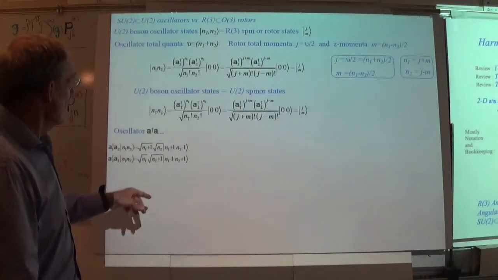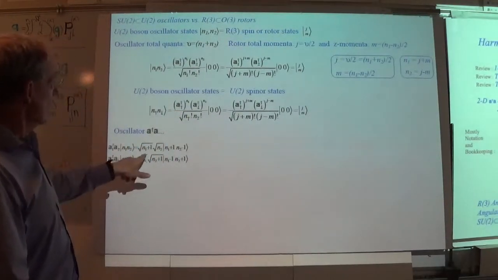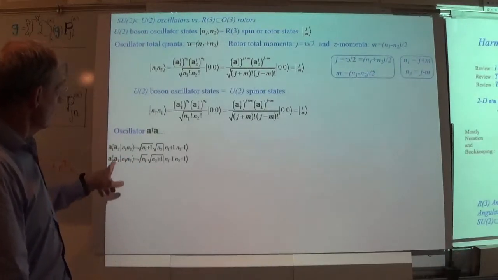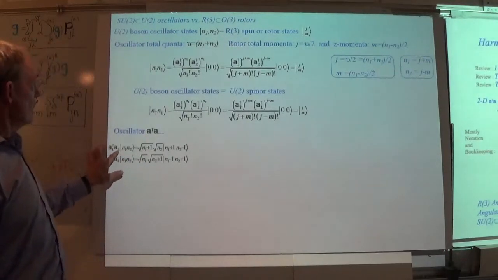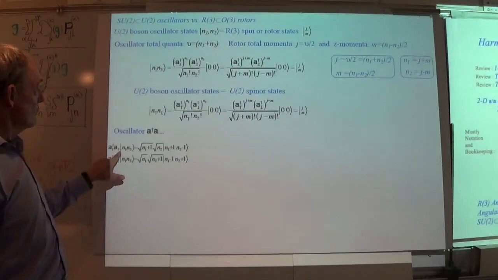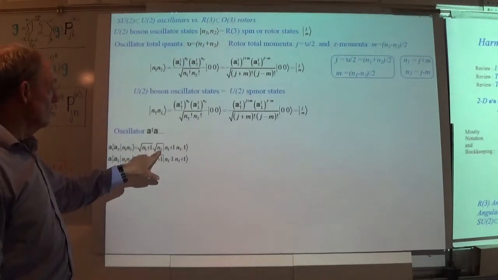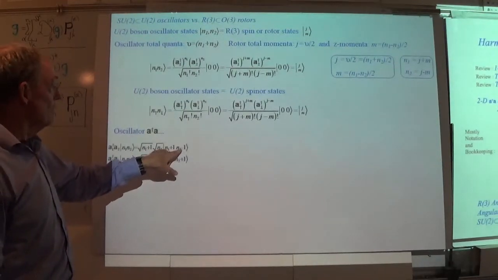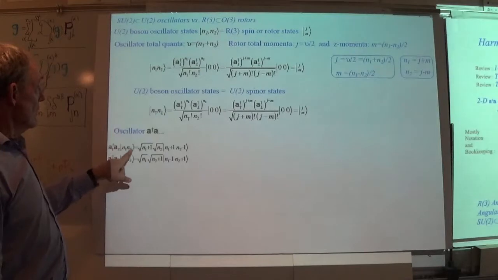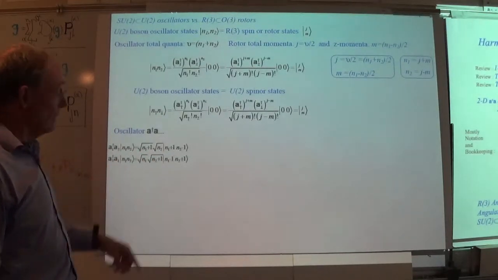This is the creation-destruction operator that will work. And look what it does. Destroys a 2, creates a 1. Okay. When you destroy the 2, the larger number is n2, because n2 minus 1 is lesser. And then n1 plus 1, we've already looked at this thing right here.